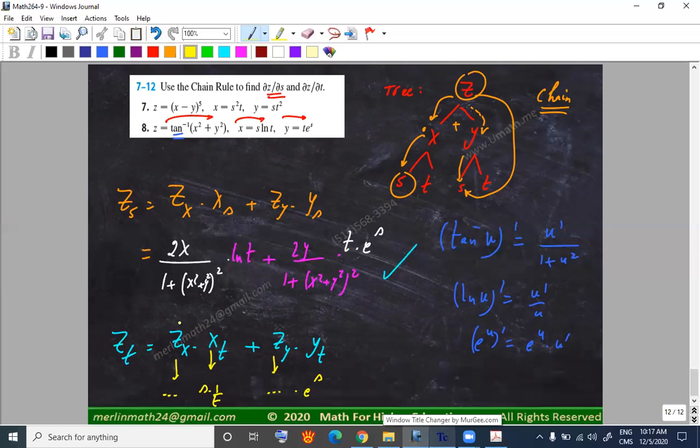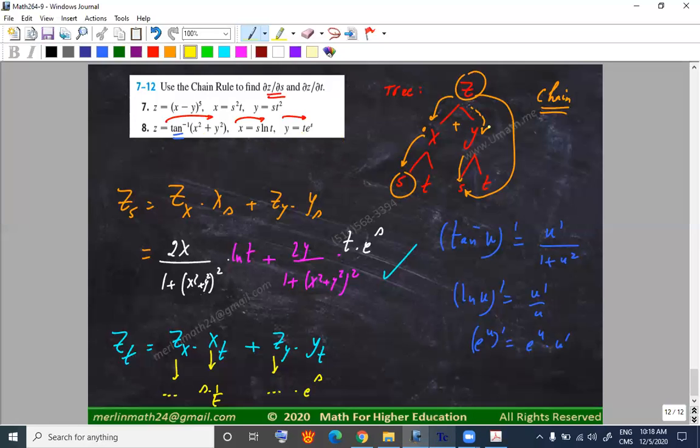It depends on the given. If z was right away s ln t, then z_s is simply ln t. Finish, you are done. That would be an easy question. For that reason, they give z in terms of x, y, and x in terms of s, t. This is what the whole lesson is about.